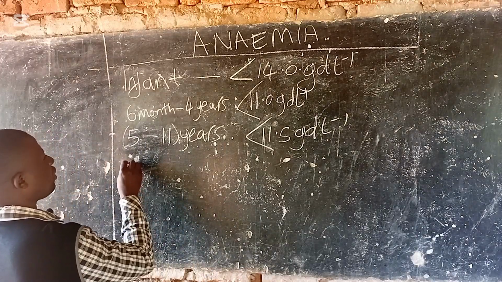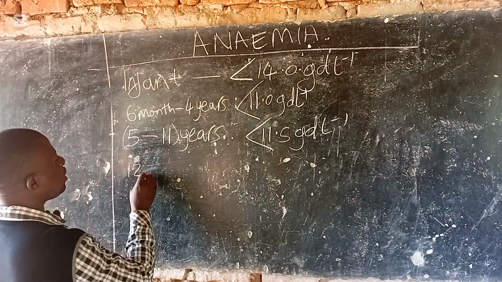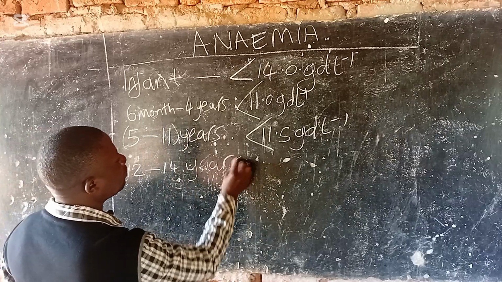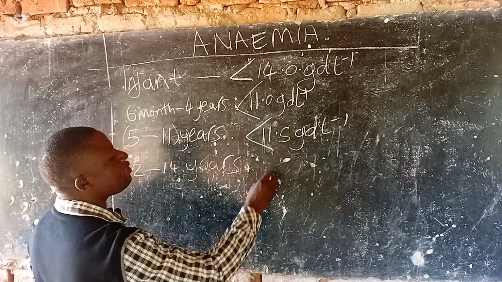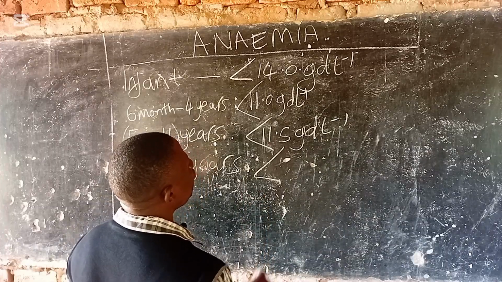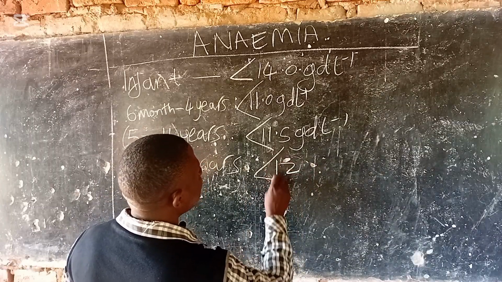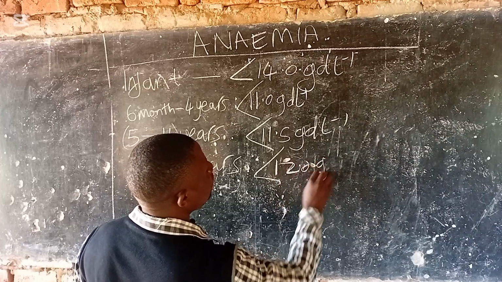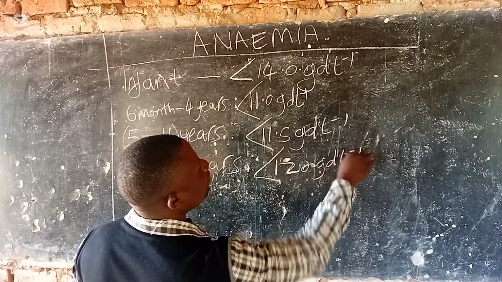Then from 12 years to 14 years, they are considered to be anemic if the HB drops below 12.0 grams per deciliter.